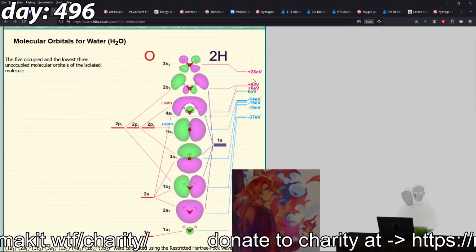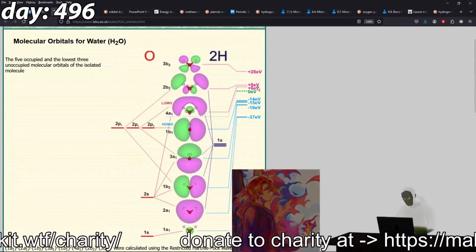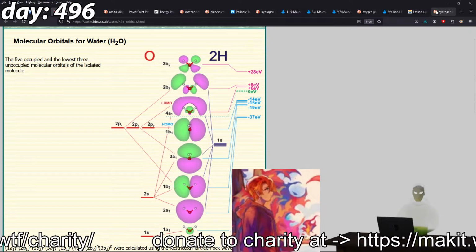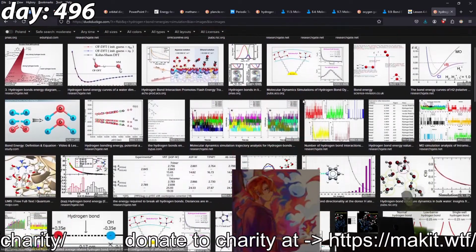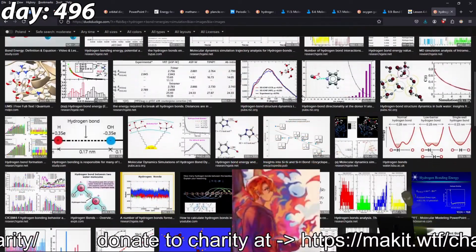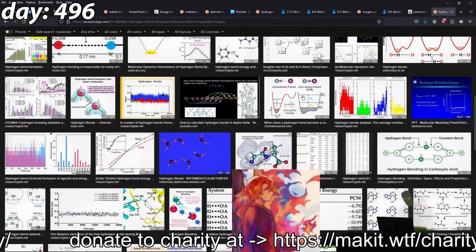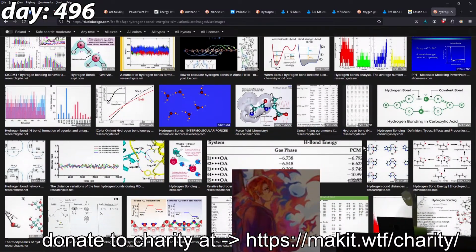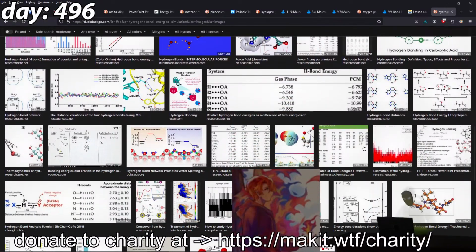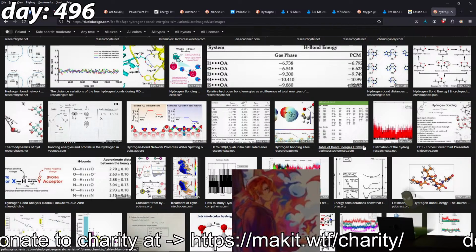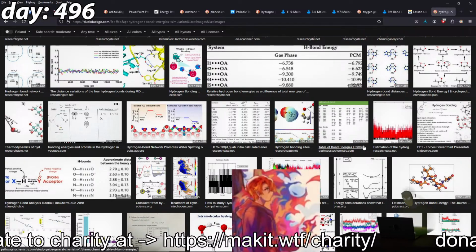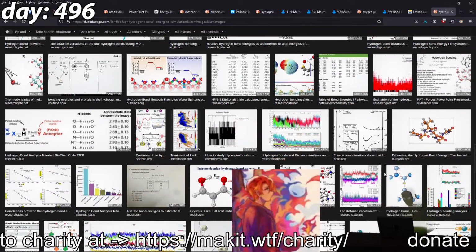Wait, which one? Oh, this. Yeah, because I want to make it actually all the exact energies. It might be difficult to find a thing that lists all of them.